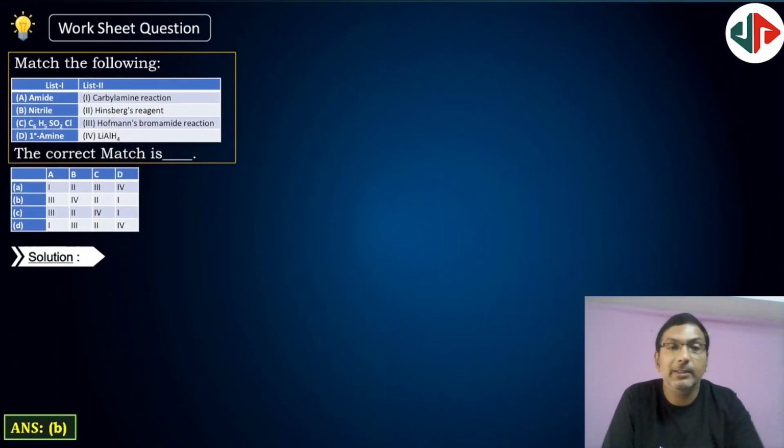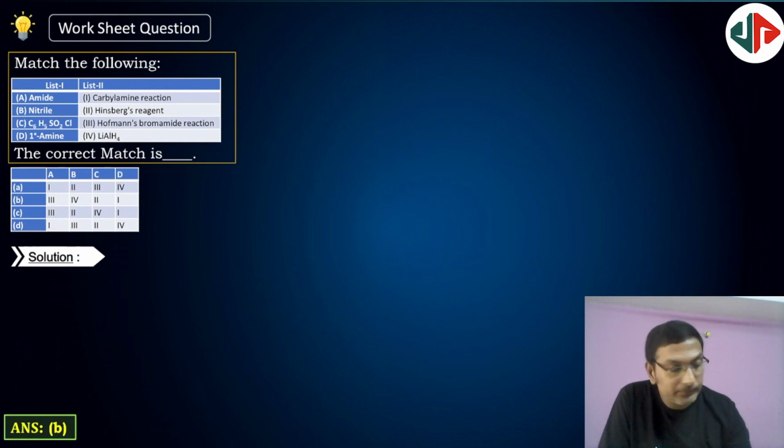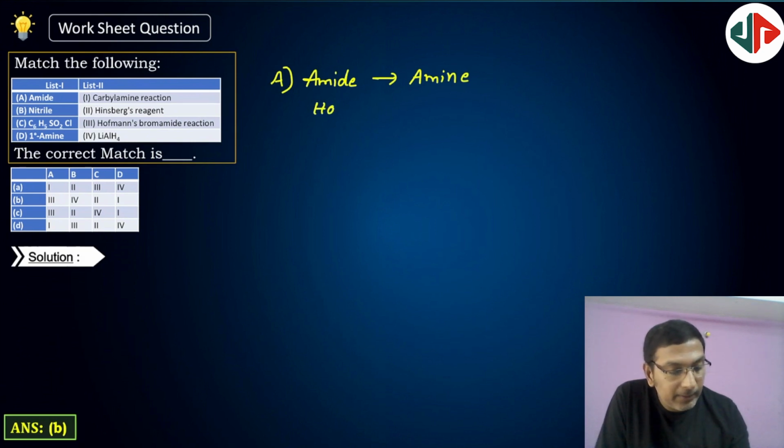So first question, matching. Option A, amide. Amide will be converted to amine in Hoffman bromide reaction.